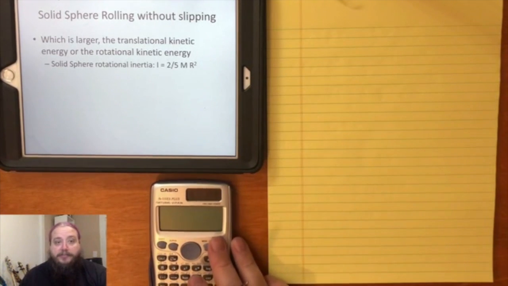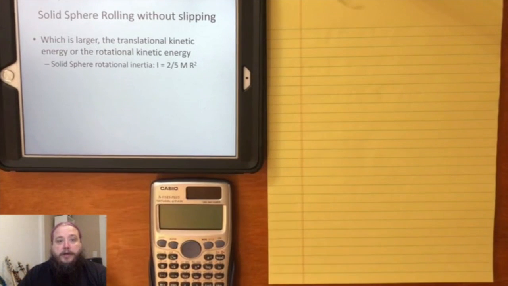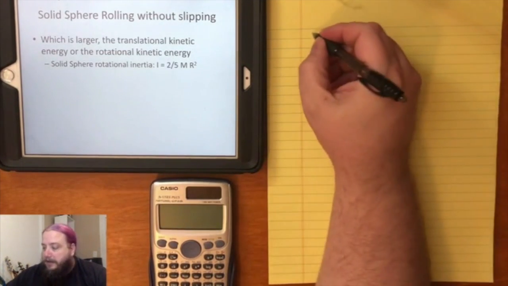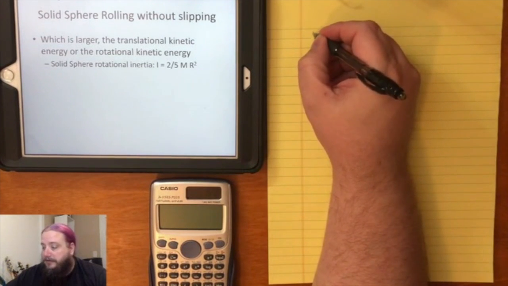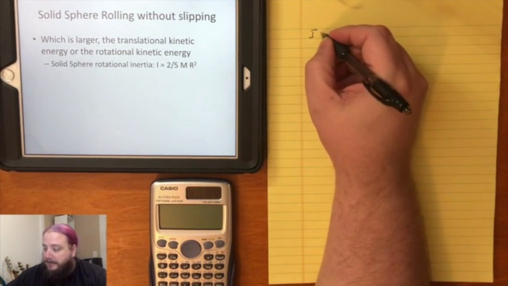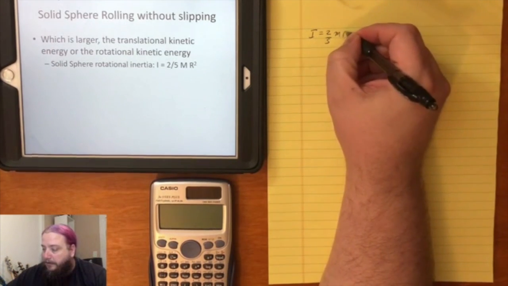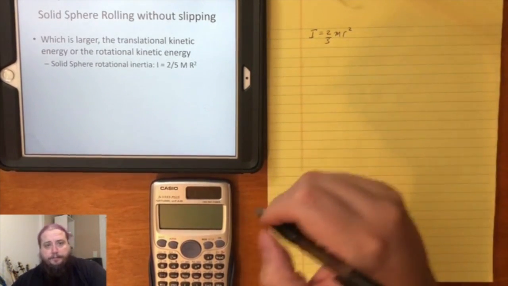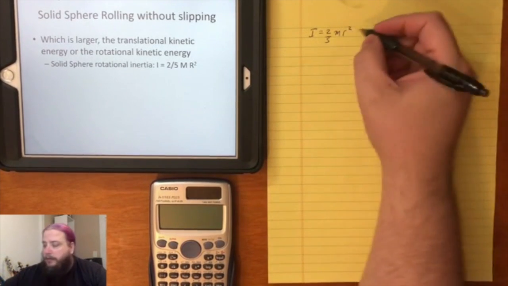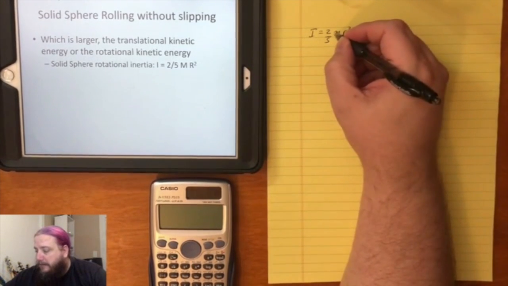All right, so a solid uniform density sphere has a moment of inertia, or rotational inertia, given as 2/5 MR squared. We'll make these capital here, because that's what it says on the screen.